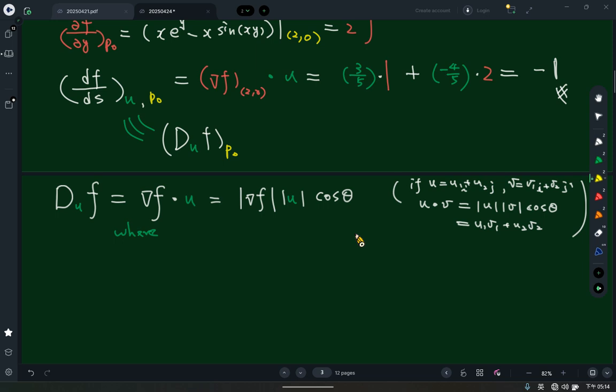Theta here is the angle between u and gradient f.